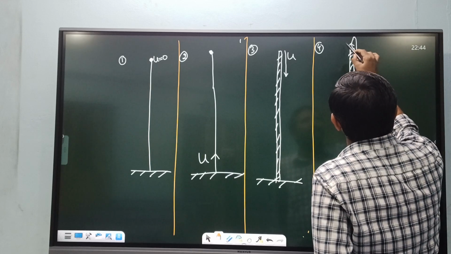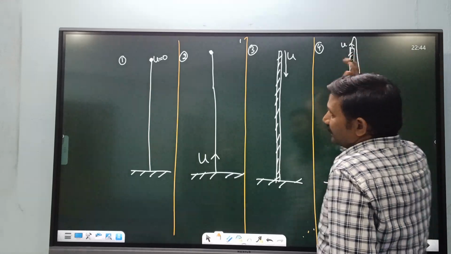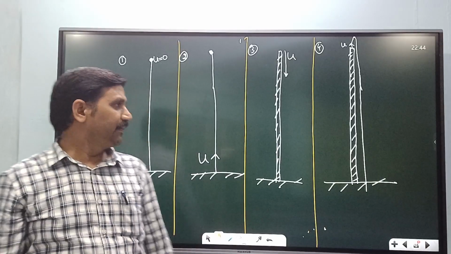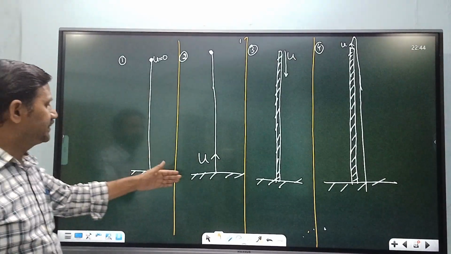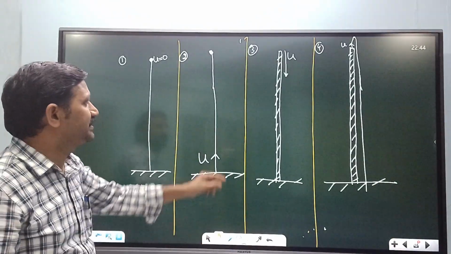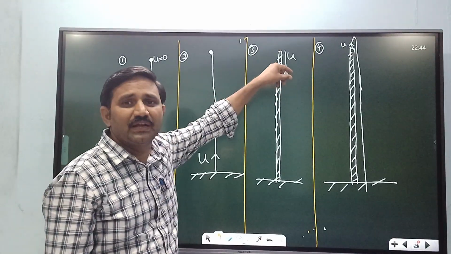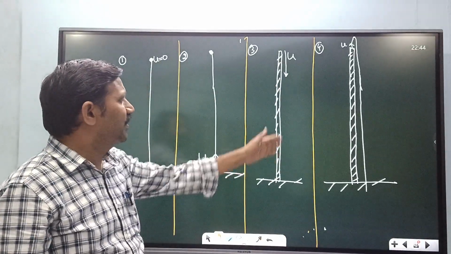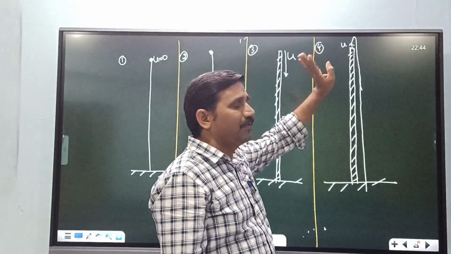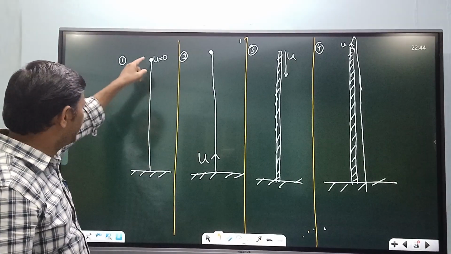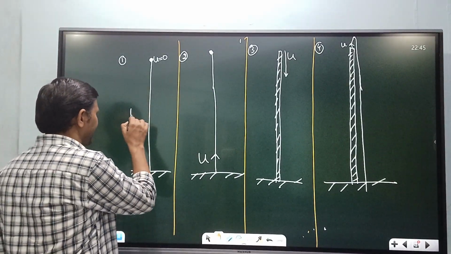So here the initial velocity is given. This is the freely falling body, this is the vertically projected body, this is the vertical projection in the downward direction, and this is the vertical projection in the upward direction.